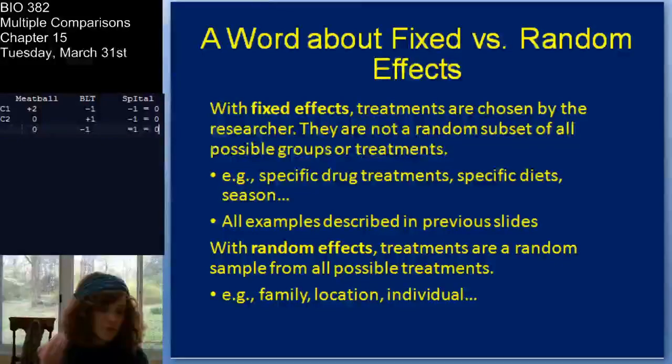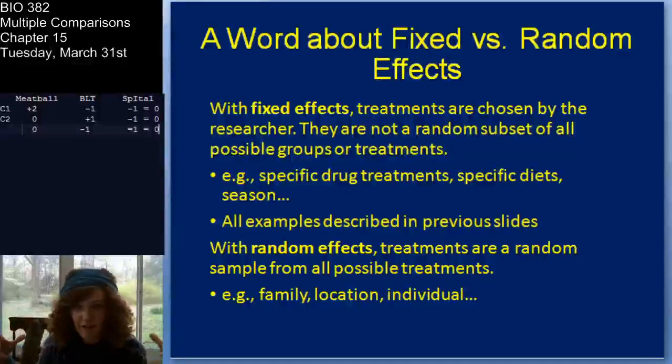So certain drug treatments, certain seasons, that's a fixed effect, right? Certain diets, anything where you say, this is what I'm interested in and nothing else, and I've accounted for all of it in my independent variable. Those are fixed effects. Random effects are essentially random samples from all possible treatments.